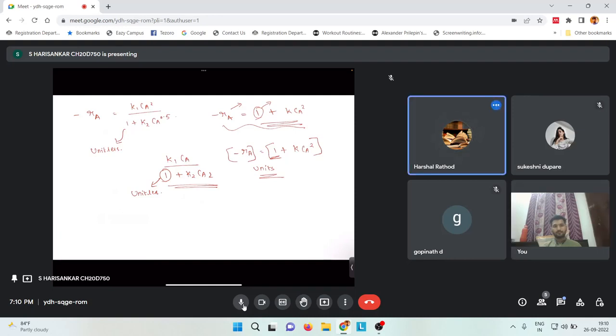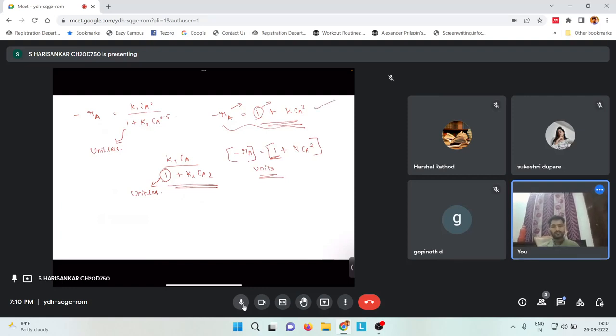Thank you, sir. Okay. So again, basically, if you see any number in the denominator of a rate equation, that is unitless. Only if you see a number in the numerator, or if there is no denominator and there is a number like this, then that number has a unit. You can also apply the same concept here. The unit of this rate is mole per meter cube second.